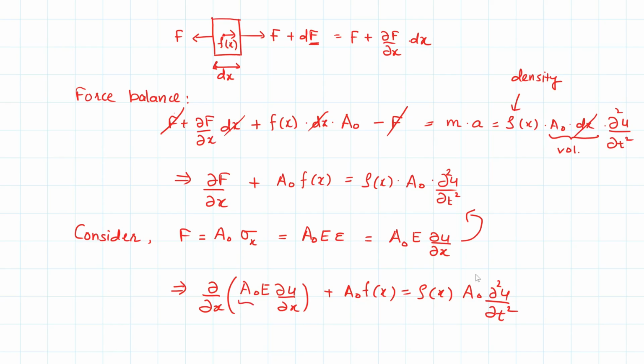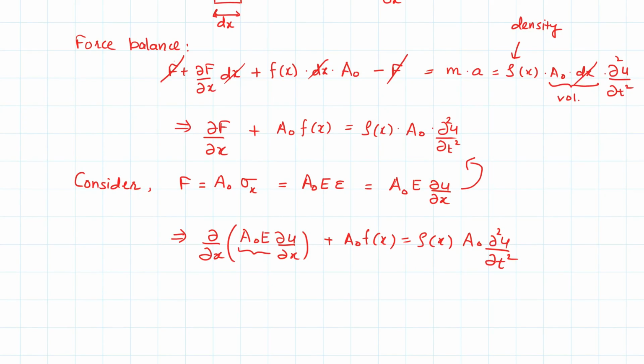Now, assuming our area and the Young's modulus do not vary as a function of x, we can then write Young's modulus times the second partial derivative of u with respect to x, plus the distributed load is equal to the density times the acceleration.